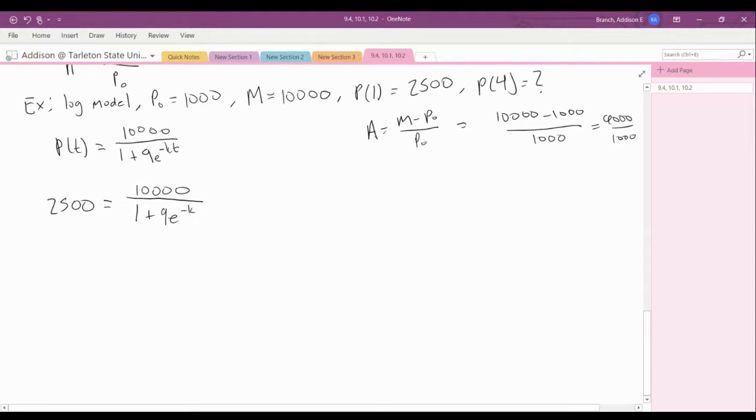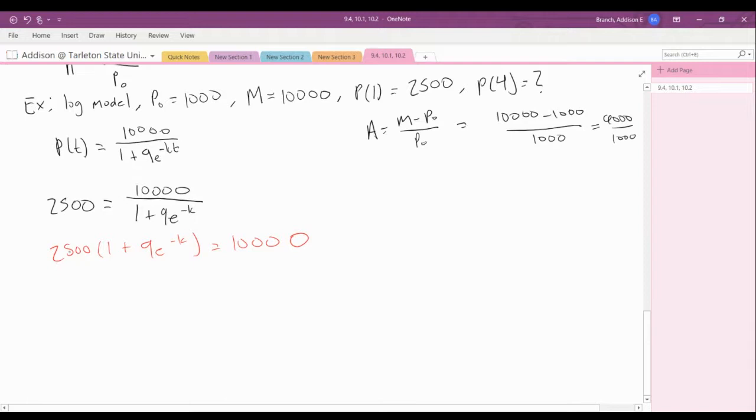All right, so if we go ahead and play with this algebraically, we can get 2,500 times 1 plus 9e to the negative k equals 10,000.